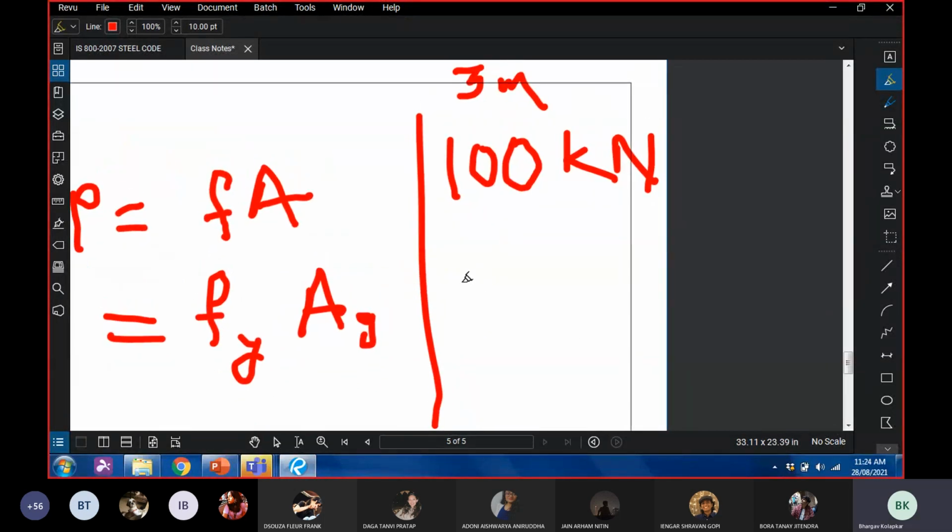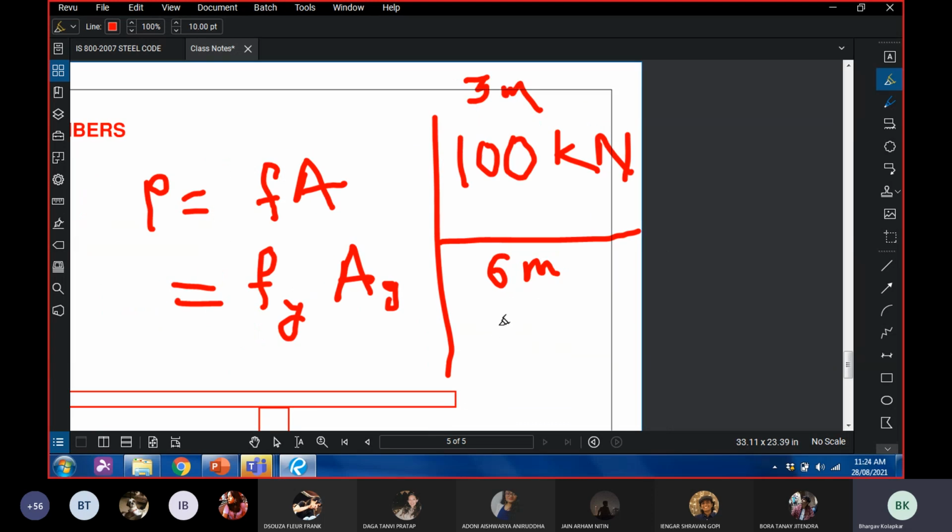Now if I make it slender, say 6 meters, with the same section and the same material, the column fails at say 60 kilonewton. That is what length does to it: it reduces the amount of load the column can take.